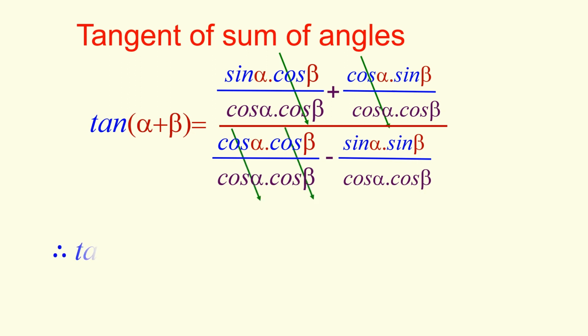In the second term cos alpha is cancelled. In the denominator, the first term cos alpha cos beta is cancelled.